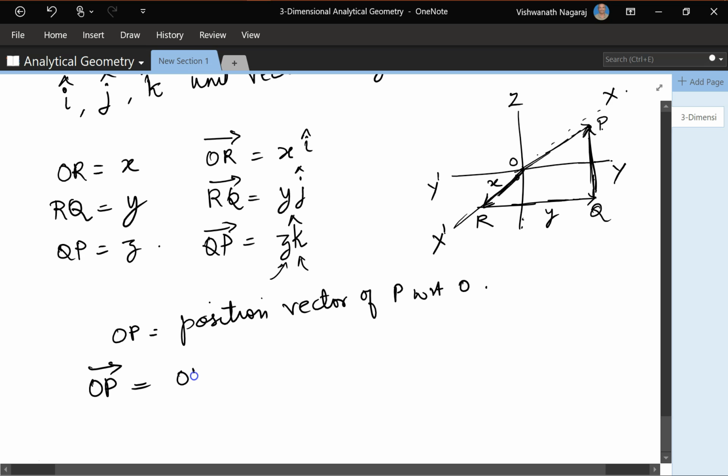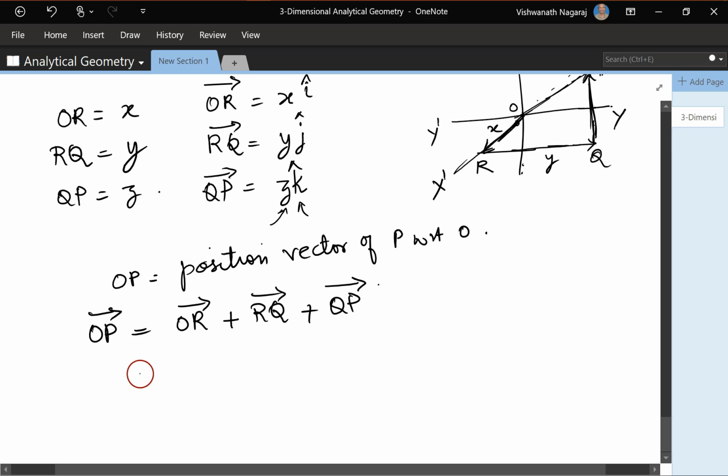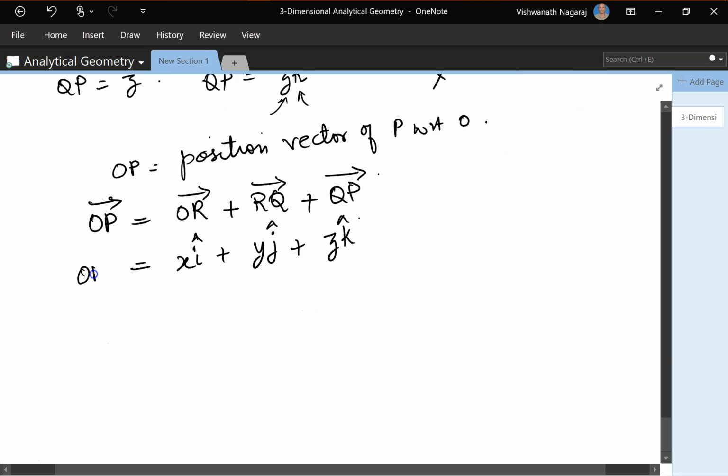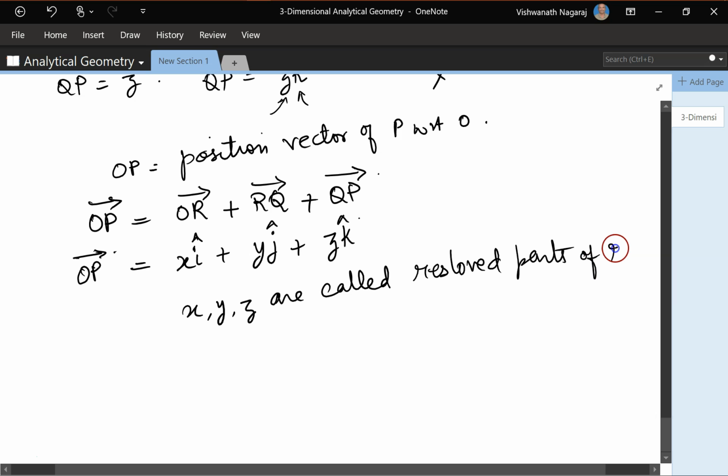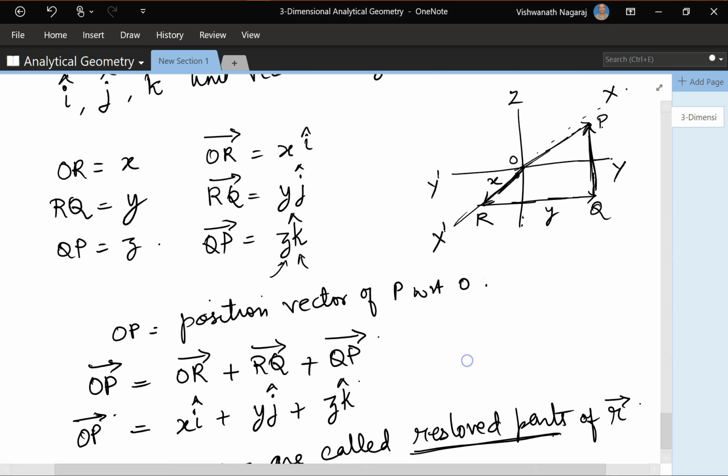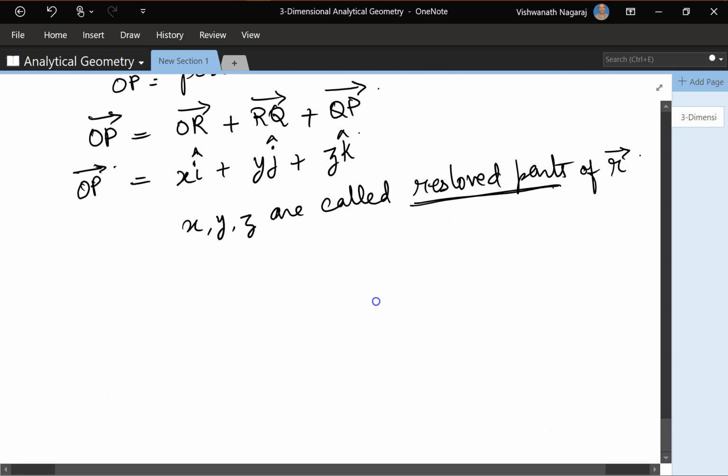So that would be OR plus RQ plus QP, or we can also write it as xi plus yj plus zk. Now here in this form, x, y and z are called the resolved parts of the vector R. Now from the figure itself, we can make out certain things.